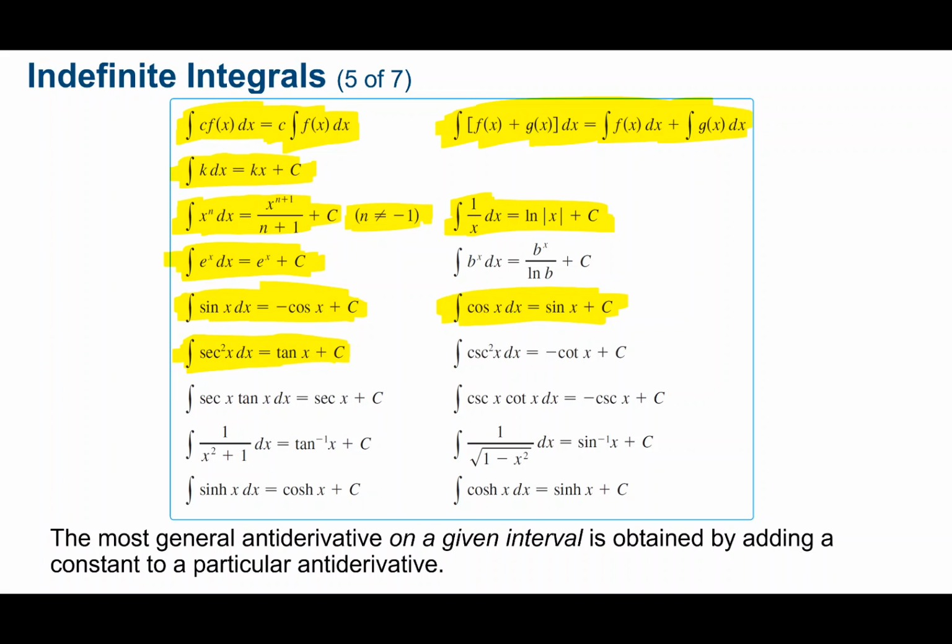Sadly, even if there are hundreds of these rules out there, there are things that we could want to integrate that we don't have a straightforward rule for. So in Cal 1, we only have one extra technique that we talk about, and here it's called integration by substitution. Those of you that go on get to do more later.